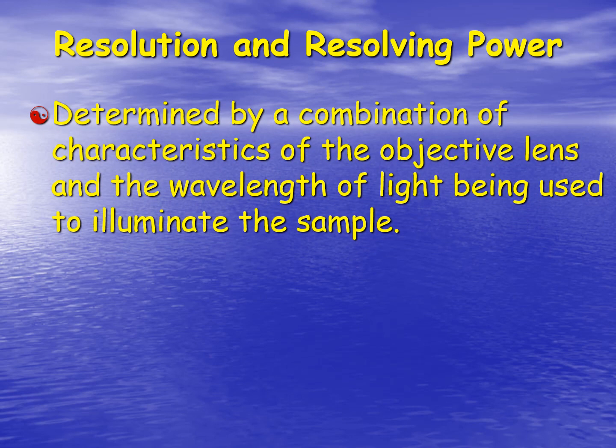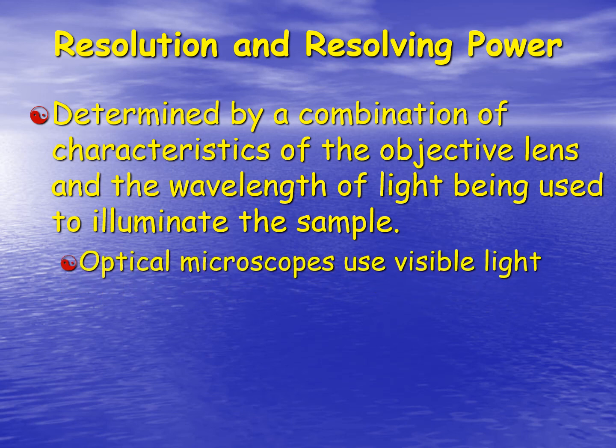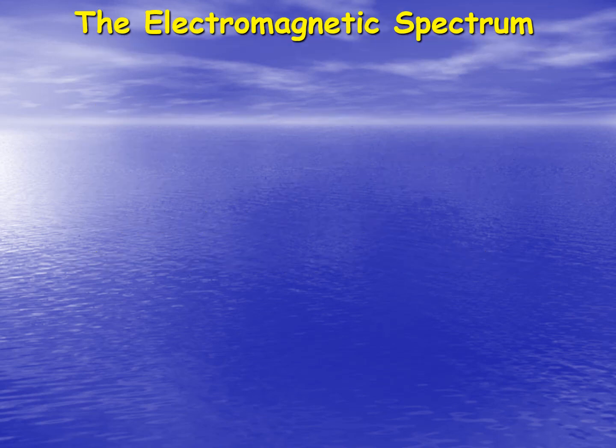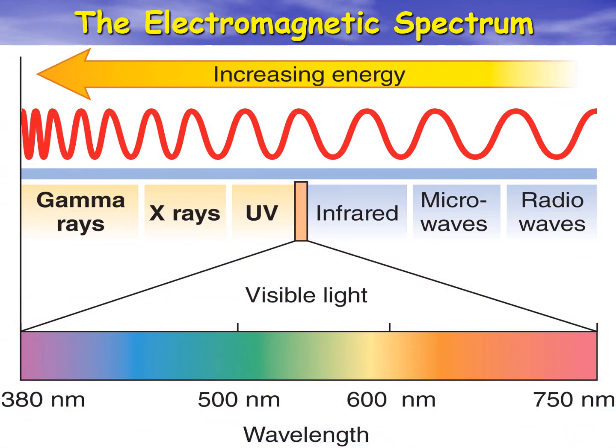So resolution is determined by a combination of the characteristics of the objective lenses and the wavelength of light being used to illuminate the sample. Optical microscopes use visible light or the visible light spectrum. And this actually shows the visible light spectrum in the electromagnetic spectrum across the board.